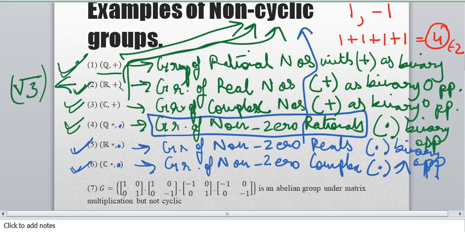Now I am not going to show you mathematical examples on this because they are just saying that these groups are not cyclic. If they were cyclic, then there would be a reason to show you a mathematical example, but since they are not cyclic, there is no need of showing you a mathematical example.